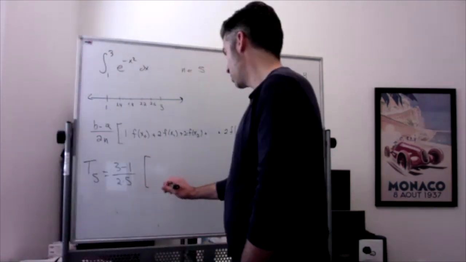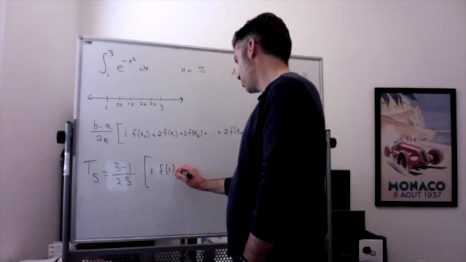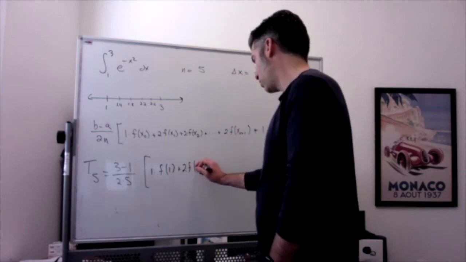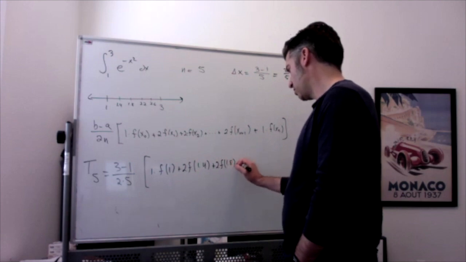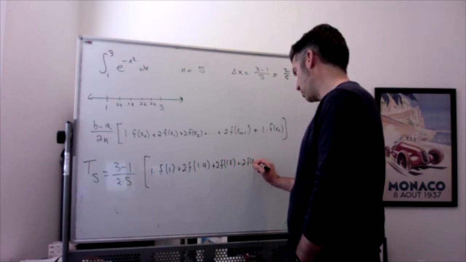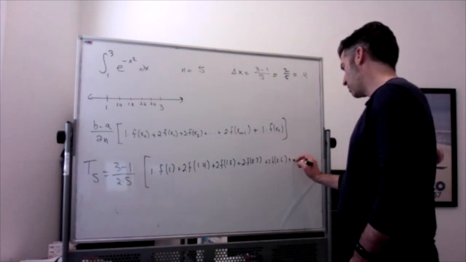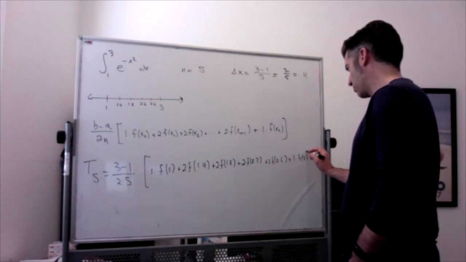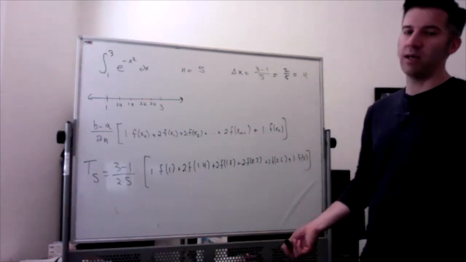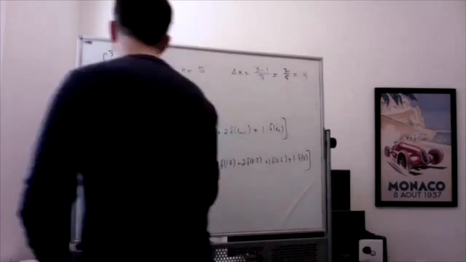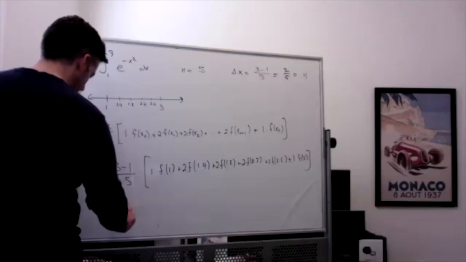Then it's 1 times f of 1 plus 2 times f of 1.4 plus 2 times f of 1.8 plus 2 times f of 2.2 plus 2 times f of 2.6 plus 1 times f of 3. And that's kind of it. I suppose I could simplify this a little: 3 minus 1 is 2, so 2 over 2 times 5 is 1/5.